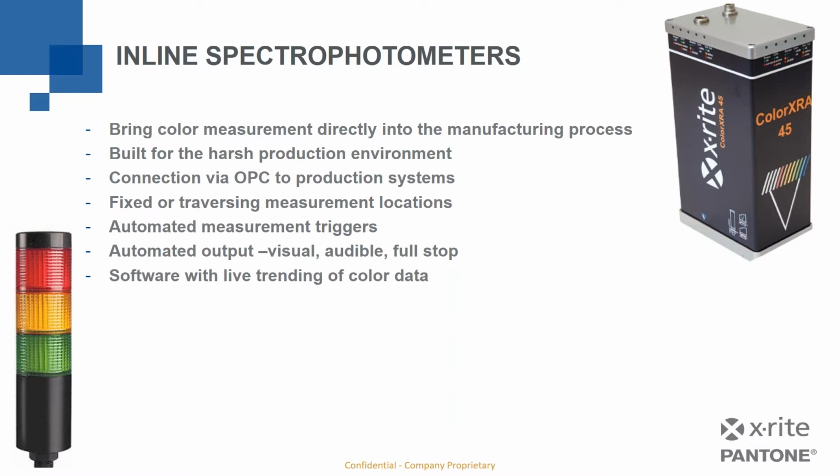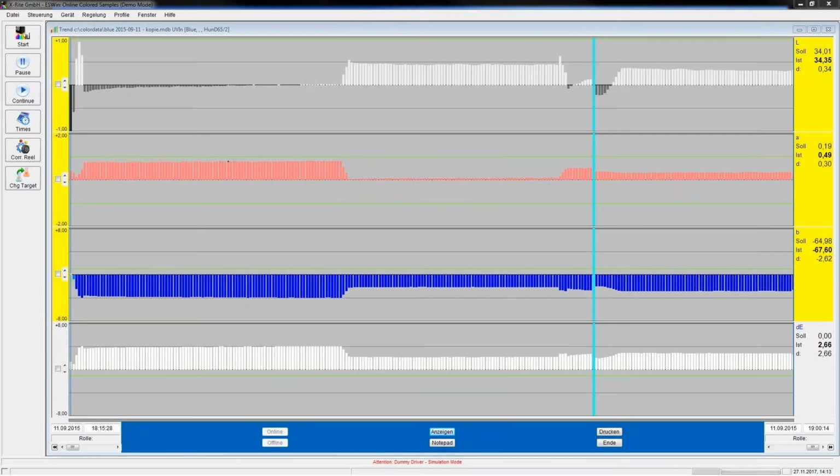And then, of course, we also have software with live trending of color data. Let me just show you a quick screen grab of that. This is an example of what you would see. If you're familiar with LAB color space, there are essentially 4 trend graphs here. The top one is lightness or darkness, and you can see the little bars are either lighter, white, meaning the measurement was lighter than the color standard, or they're dark, meaning it was darker.